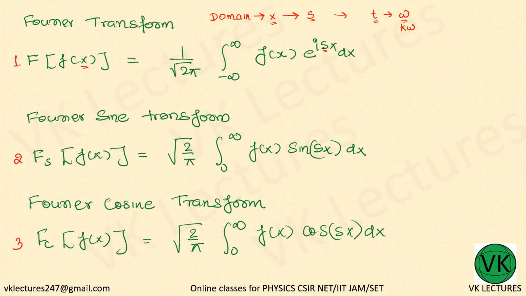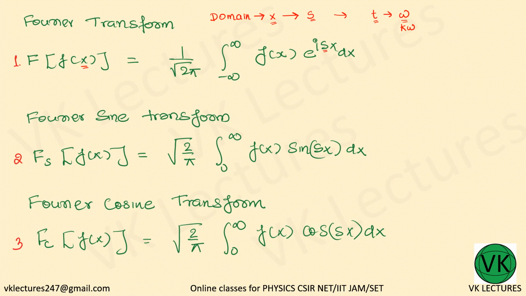So this is how the transformation occurs, x to s or t to omega. So what the Fourier transform does is change or transform the domain.